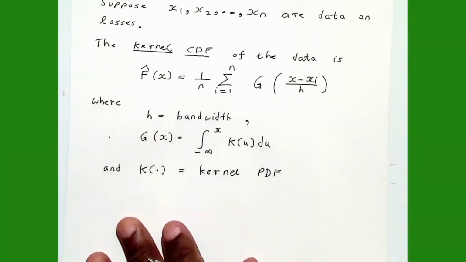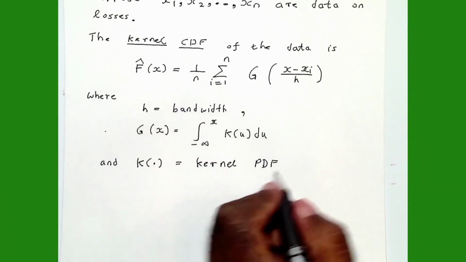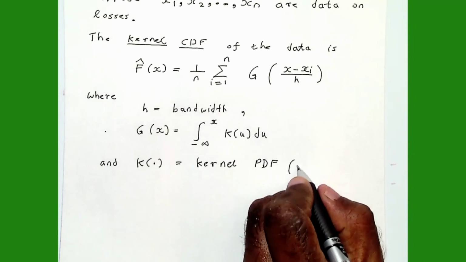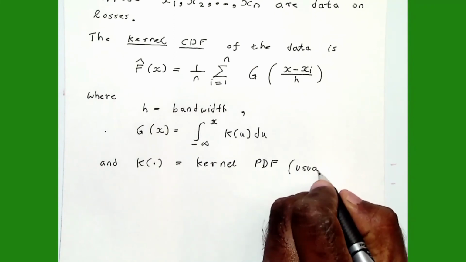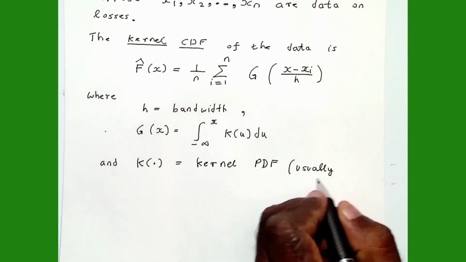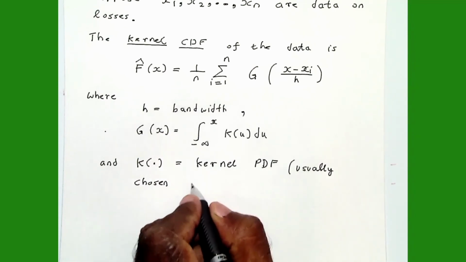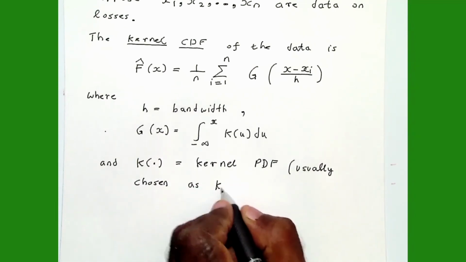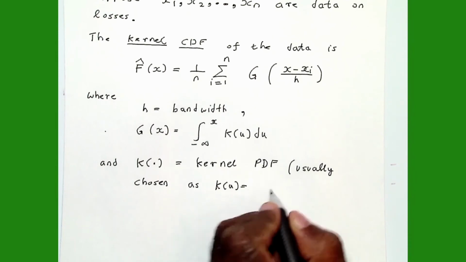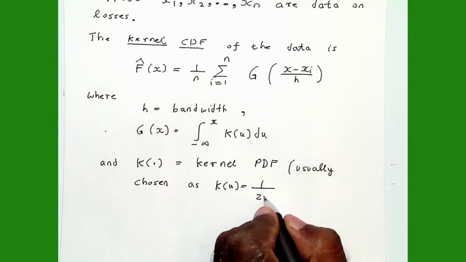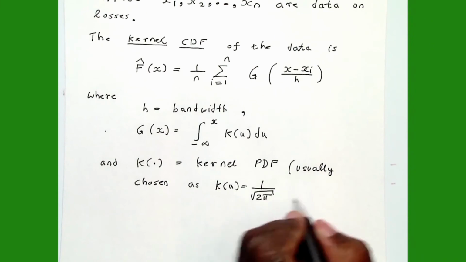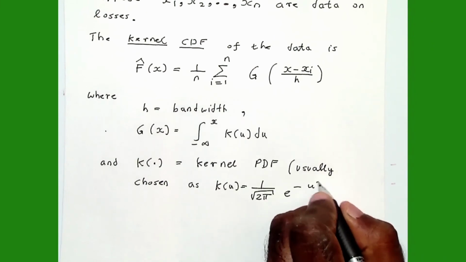And it's usually chosen as the standard normal PDF, which, I'm sure all of you know, is the density of the standard normal distribution, which is this.